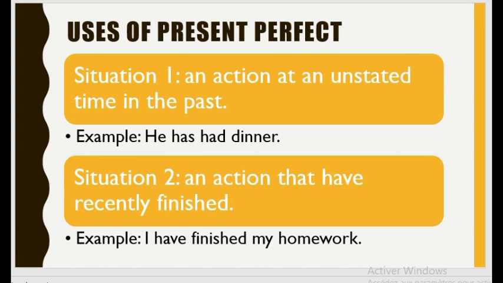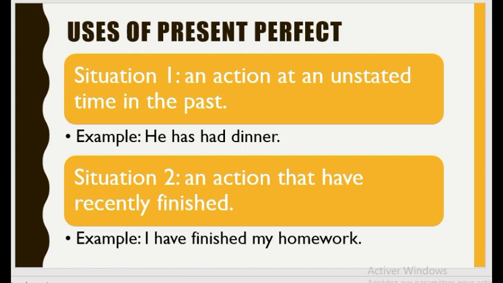And then the uses of present perfect. When do we use the present perfect? Situation number 1, an action at an unstated time in the past, which means an action we don't know when it happened, we don't know the specific time. For example, he has had dinner.